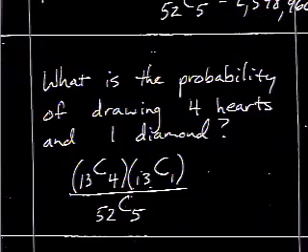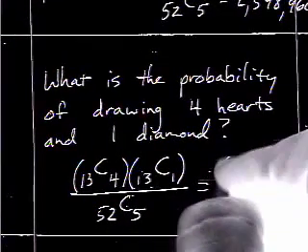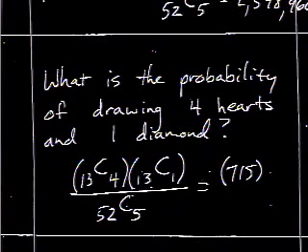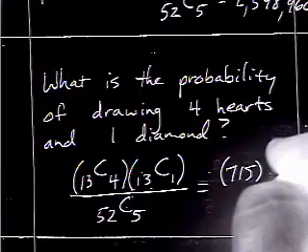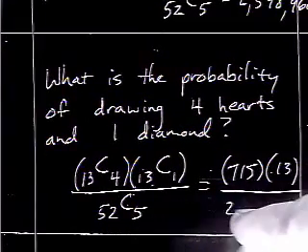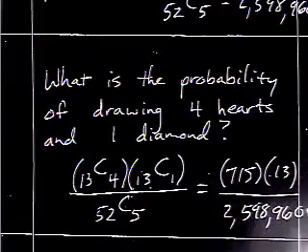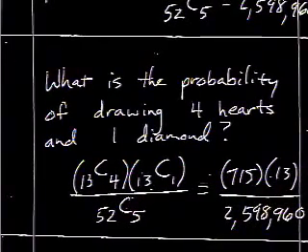So 13 nCr 4 is 715. And 13 nCr 1, of course that's 13. Divided by that number we found before.